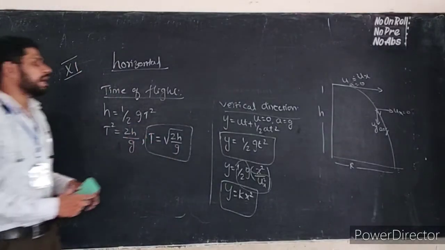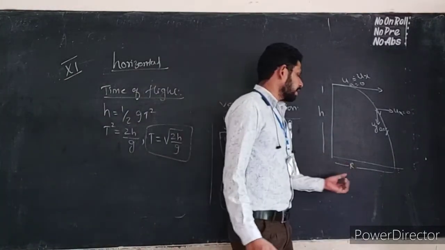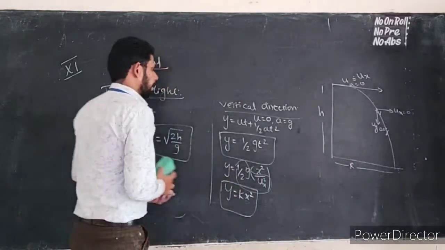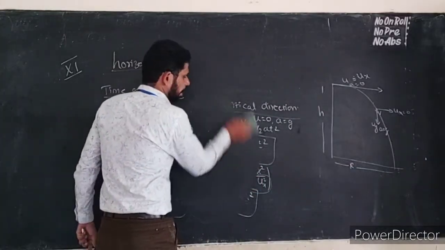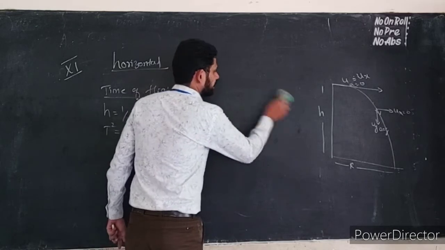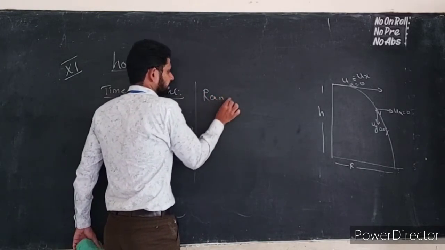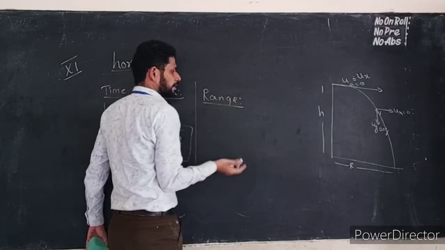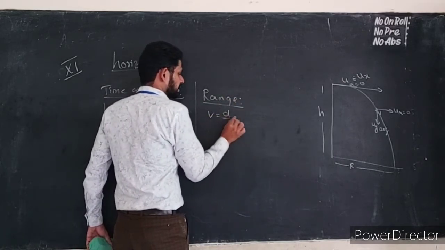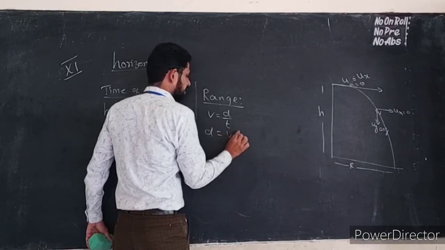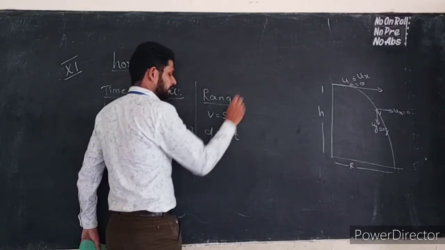The next one, we have to calculate the range. The range is nothing but how much distance is covered by the object from the top of the building to the ground. Velocity is distance per time, so distance will be equal to velocity into time. What is the velocity here? The initial velocity.